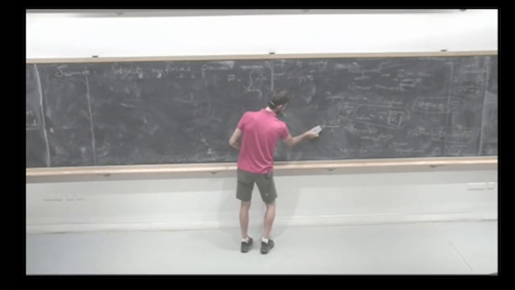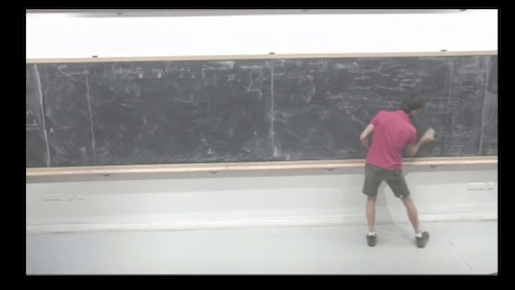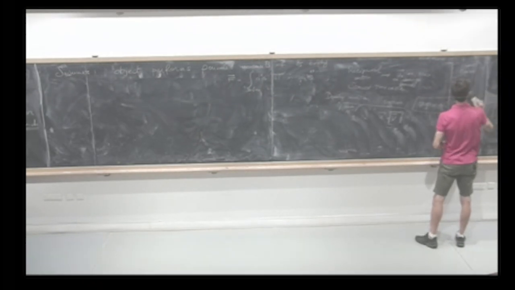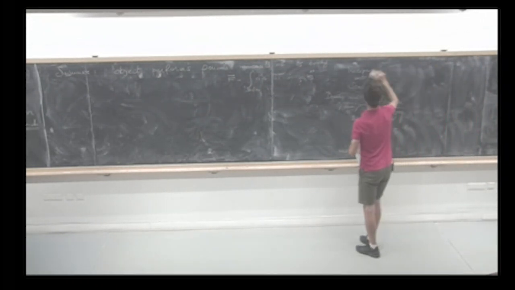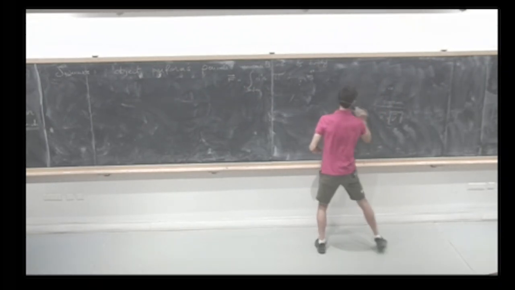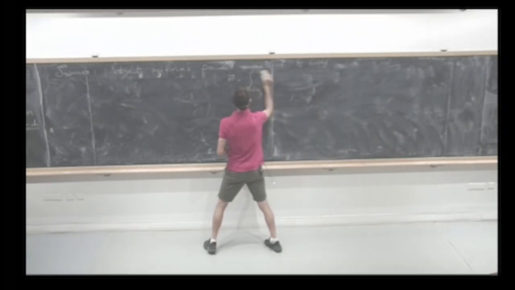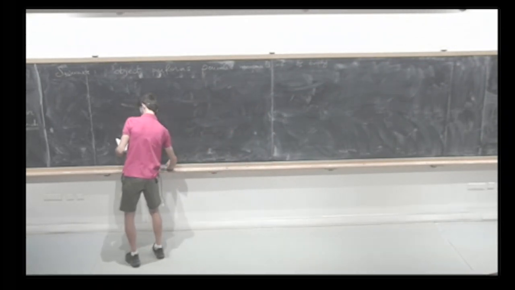So this is how the motion is actuated for a swimmer that does some reciprocal displacement of the movements of the surface.